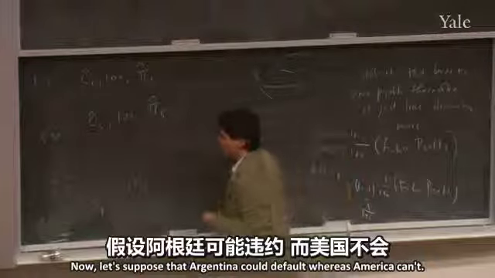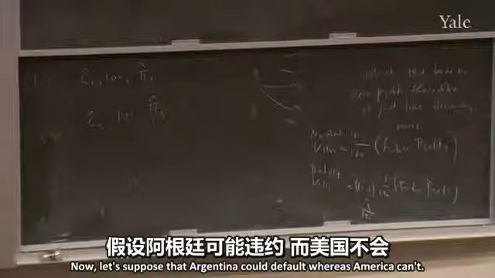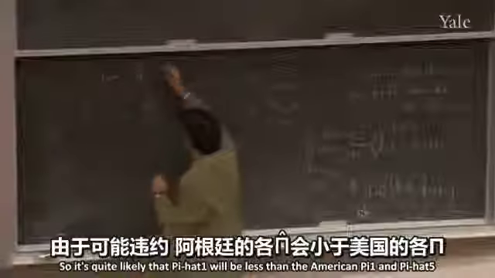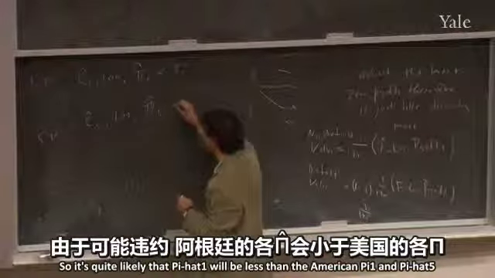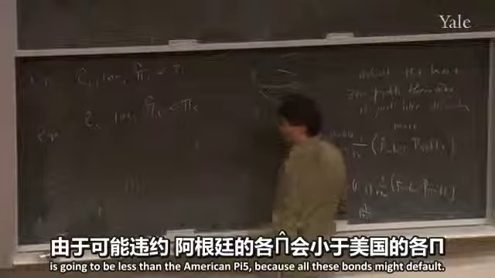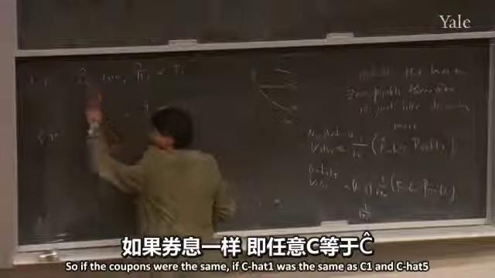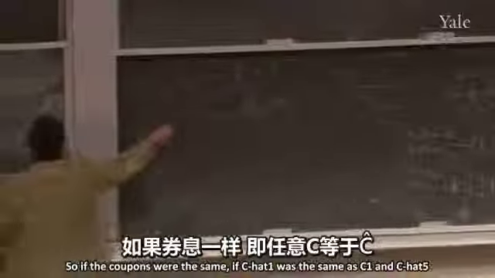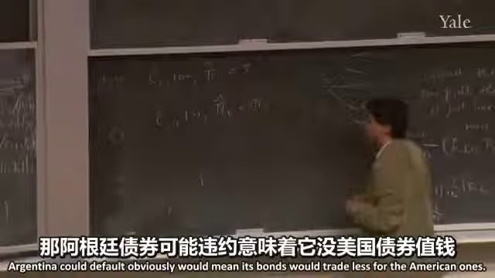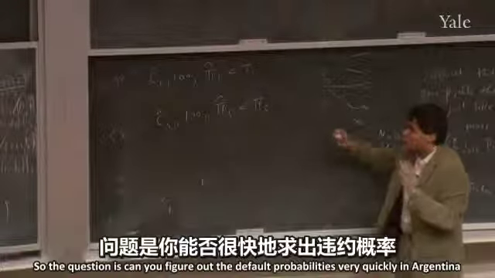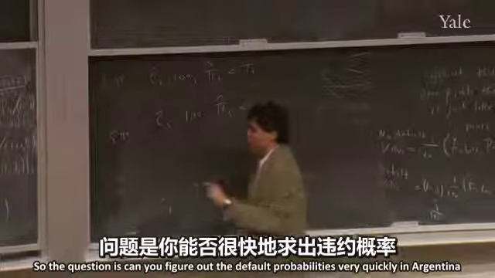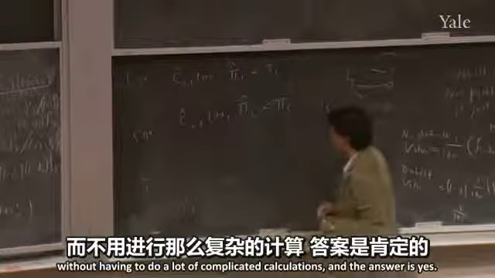Now suppose Argentina could default, whereas America can't. So it's quite likely that pi hat 1 will be less than the American pi 1, and pi hat 5 less than the American pi 5, because all these bonds might default. If the coupons were the same, the fact that Argentina could default would mean its bonds trade for less than the American ones. So the question is, can you figure out the default probabilities in Argentina very quickly without a lot of complicated calculations?